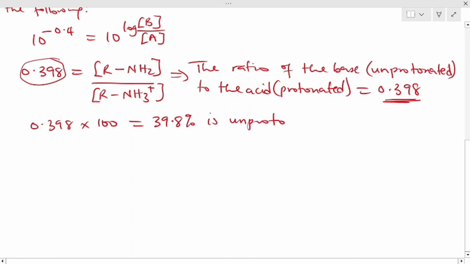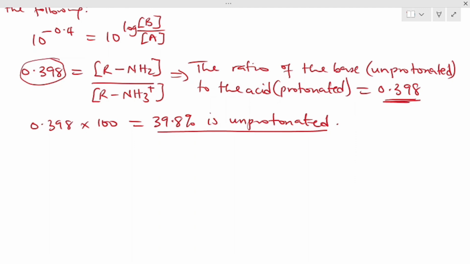Unprotonated. This is because RNH2, which is the conjugate base, is part of the whole. So we have 39.8% that is part of the whole as unprotonated.